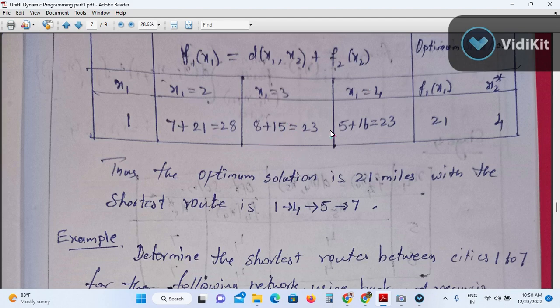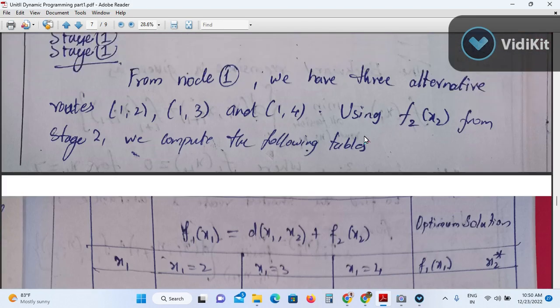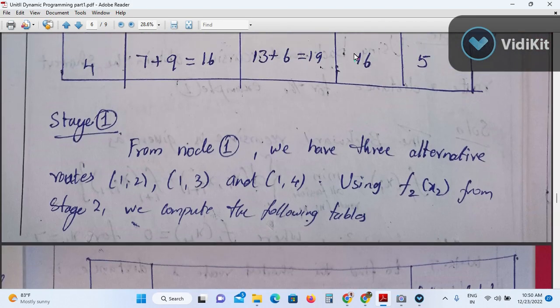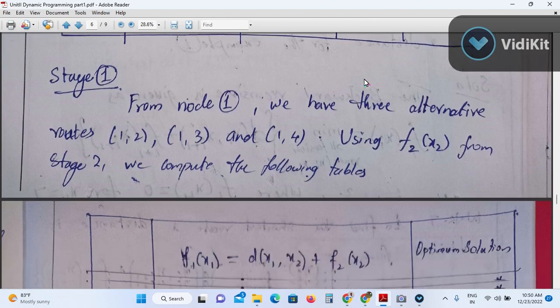So 8 plus 15 is 23. Similarly, from 1 to 4 the distance is 5, and at node 4 the shortest distance from the previous table is 16, so we put it here.